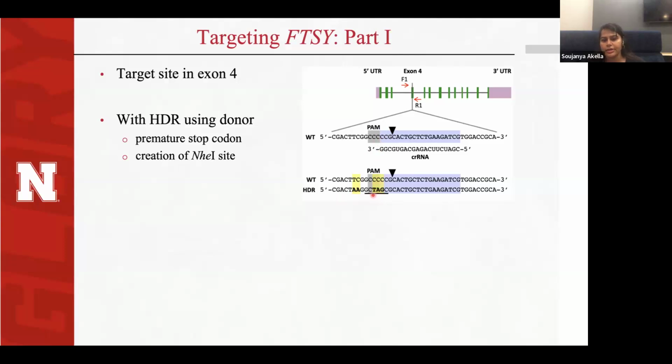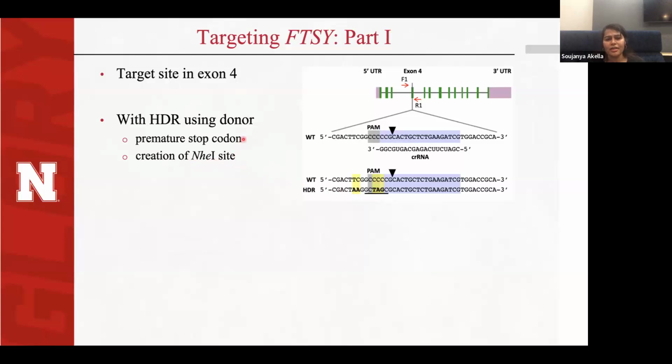If it uses this donor successfully for repairing the double strand break, it will change the CCC to a TAG, which is a stop codon, and it'll also change these two bases, so TC to AA. And in the process, when it changes the triple C to a TAG, it'll also create a restriction enzyme recognition site for NheI. There are reasons for this.